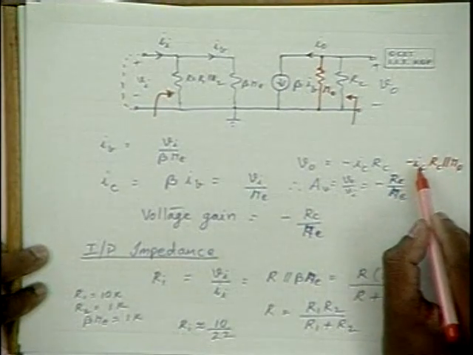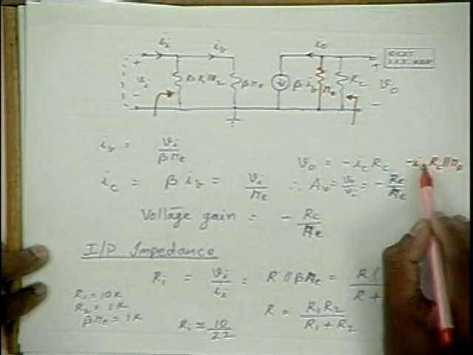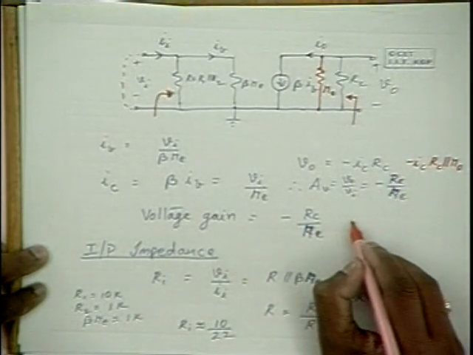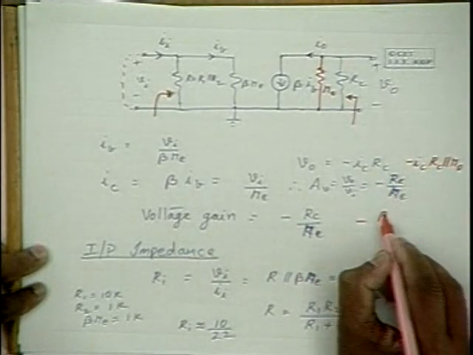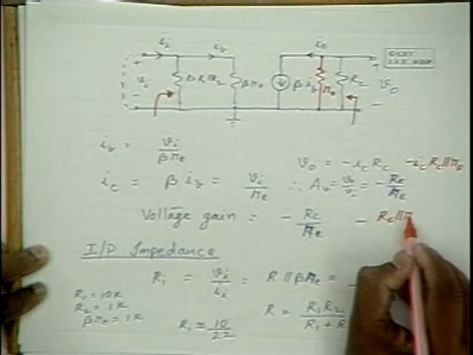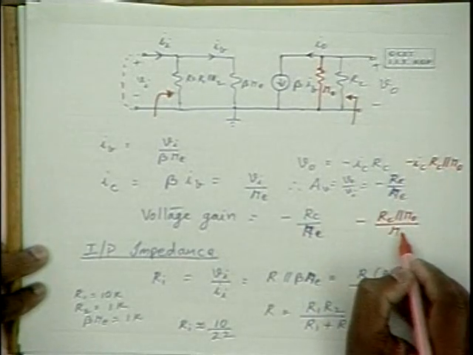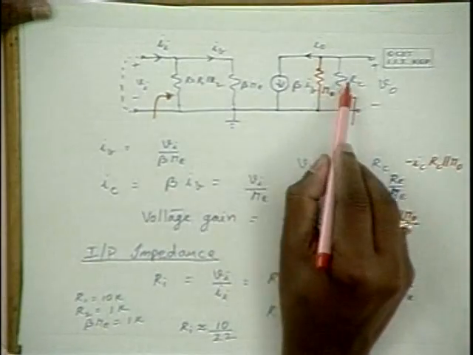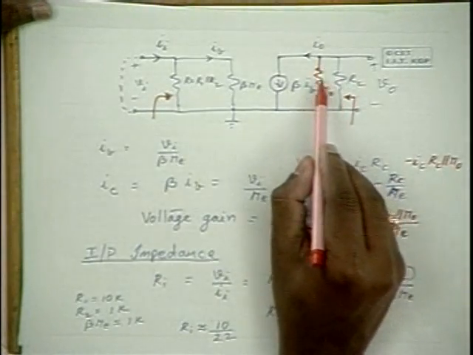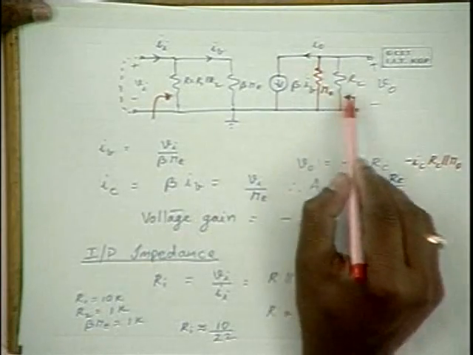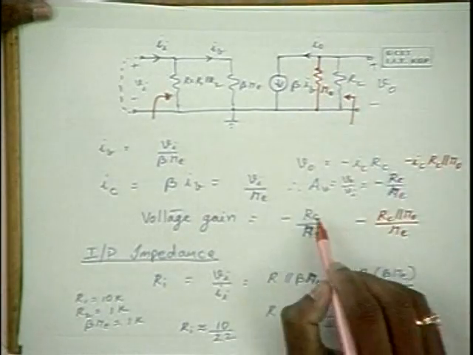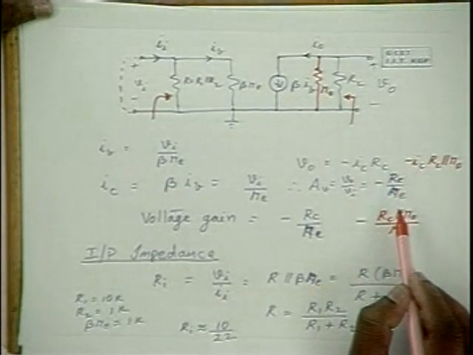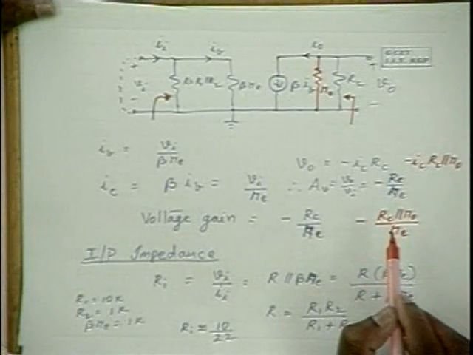So by substituting this parallel combination resistance in place of RC, you will get the voltage gain as minus RC in parallel with R naught divided by RE. That means the loading is not only by RC, the loading is also by R naught, and the parallel combination is always less than RC. Therefore, we can expect some fall in the voltage gain in the accurate analysis.